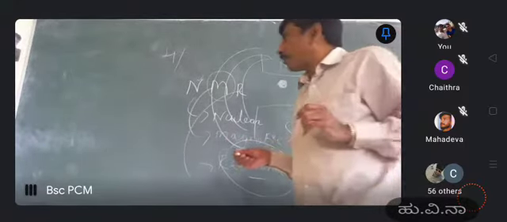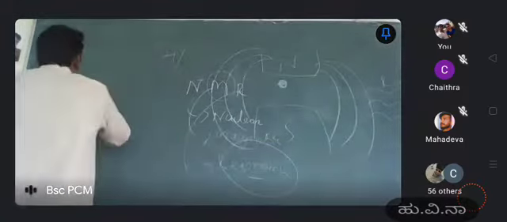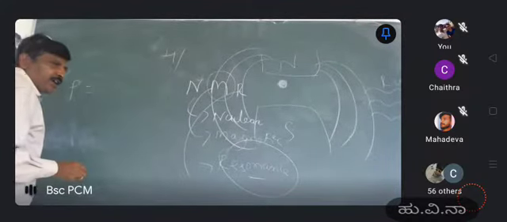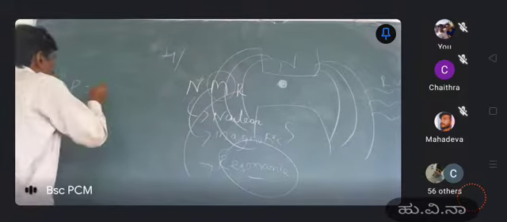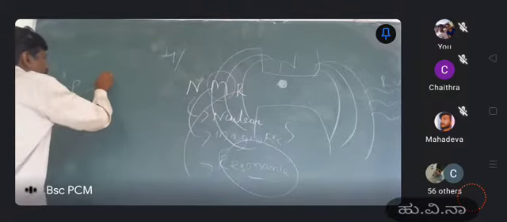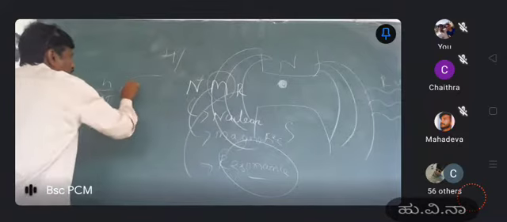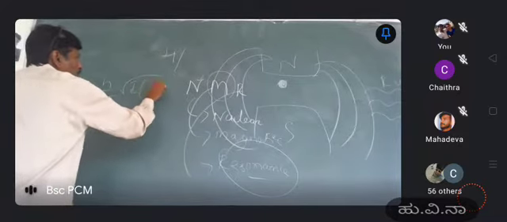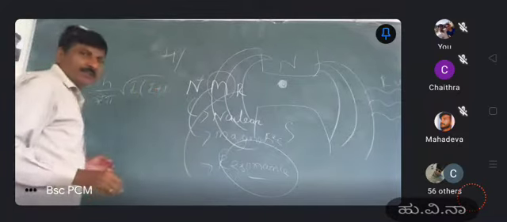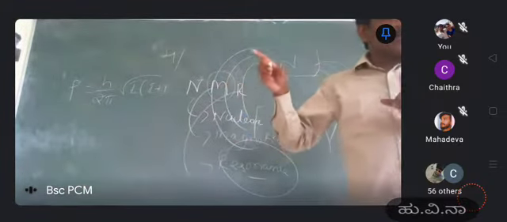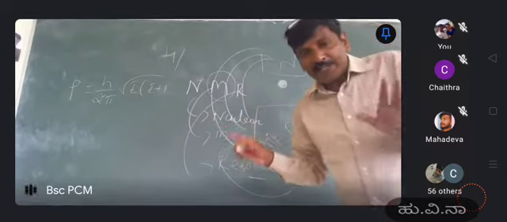In some textbooks it is indicated by I, and in some it is represented as P. P is equal to h by 2π times the square root of I into I plus 1. This is the spin angular momentum.